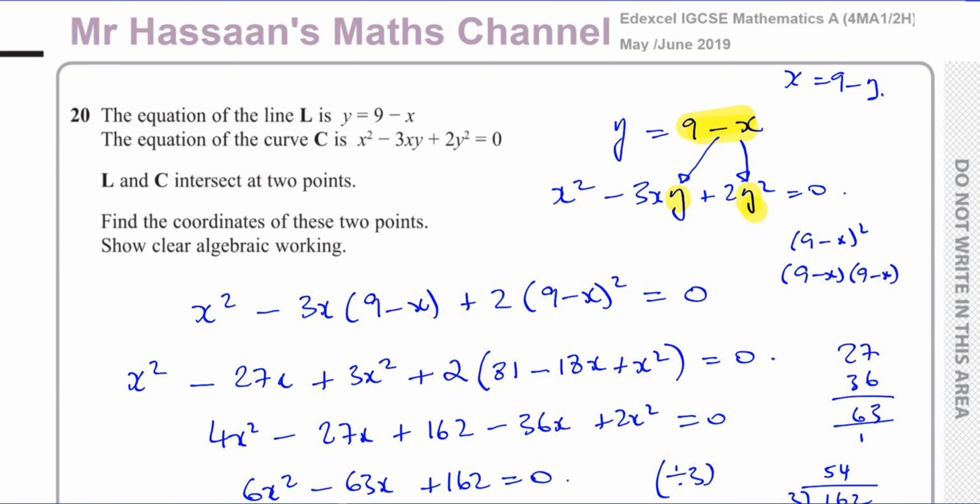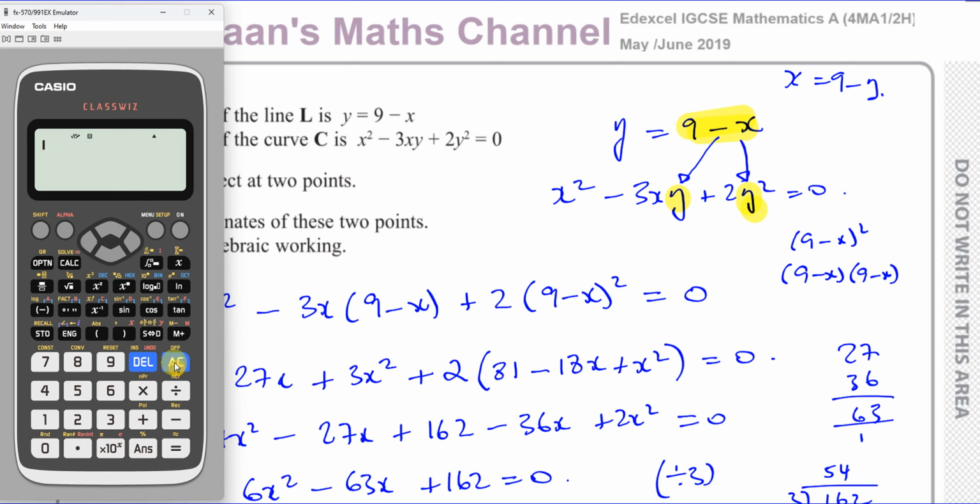If we want to, we can make sure that our answers are correct by substituting them back into this equation. So we can, for example, replace the x with 6 and the y with 3.